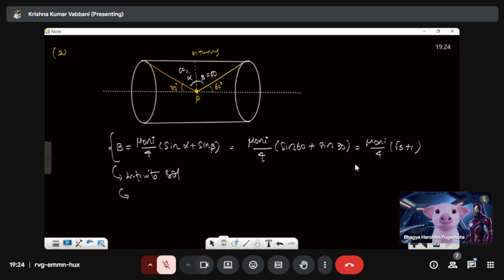So now come to the concept of the toroid. See, come to the concept of toroid. So toroid is similar to a solenoid.